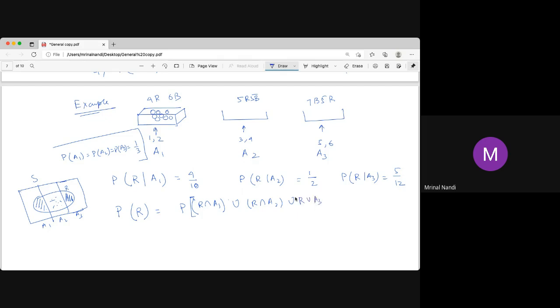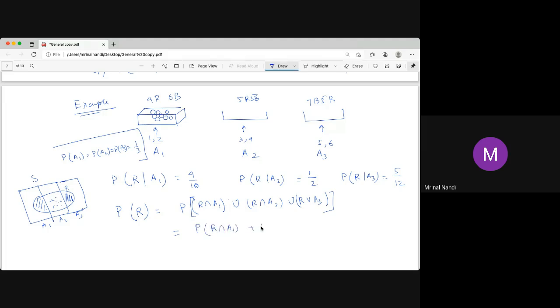Now these are all disjoint because A1, A2, A3 are disjoint. Remember, if you choose box 1, you can't choose box 2. You have to choose only one box. If you roll a die only once, it can't show 2 and 3 at a time. So it is just the sum of these.